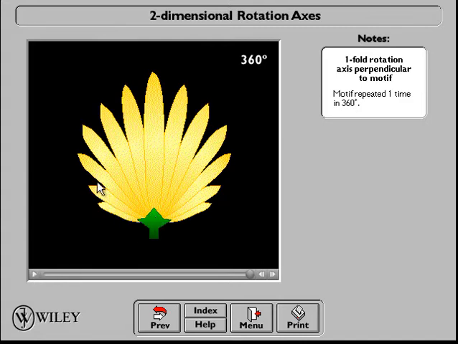That means you can turn it one time around the whole axis within 360 degrees, and then it will repeat itself. It's totally easy. And there we are talking about a one-fold rotation axis perpendicular to the motif.